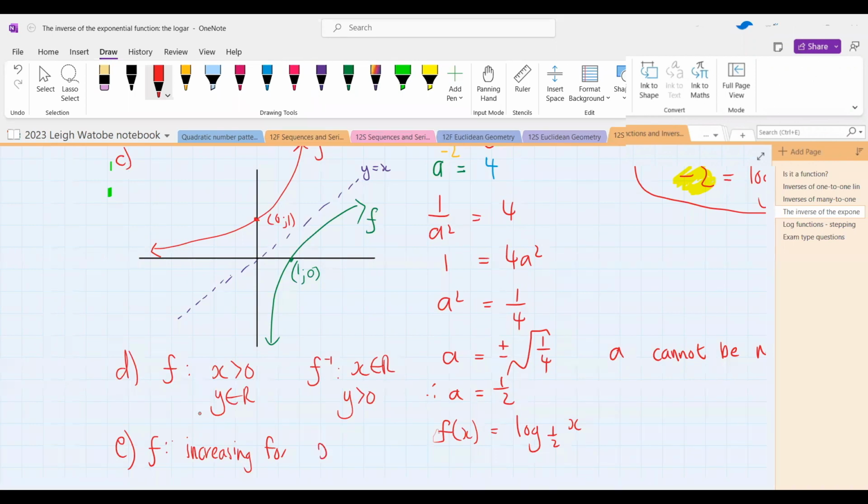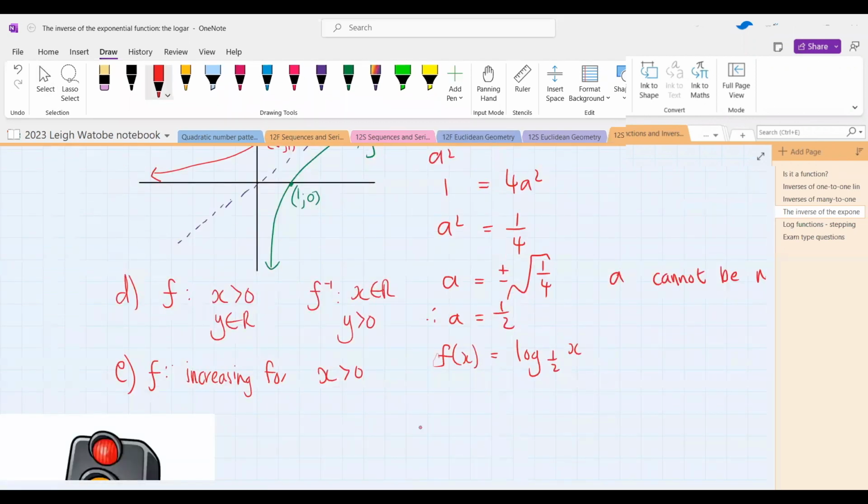Yes, it has to be. And then as far as our exponential function is concerned, it was increasing for when x was an element of the real numbers.